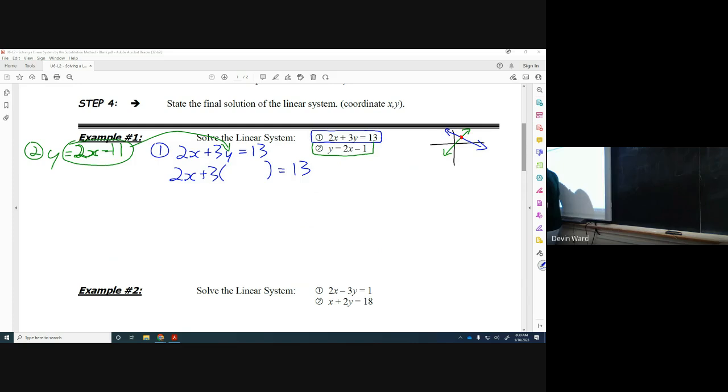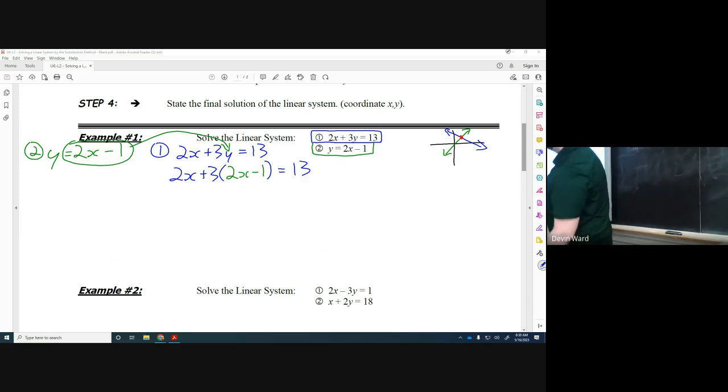I took my 2x minus 1, it comes up, and it goes right where y is. So it's substitution. It subs in for what y is. That's why we call it the substitution method. So I take the 2x minus 1, this equals y, and put it right where the y was.